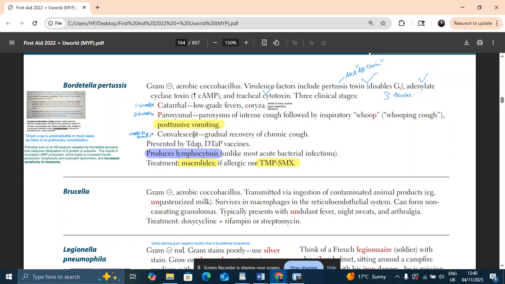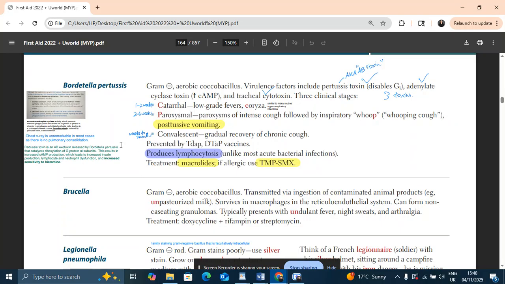How can we prevent Bordetella pertussis? We can prevent it by vaccination, which is Tdap, DTaP. Tdap is tetanus, diphtheria, and acellular pertussis vaccine. DTaP is usually for children, and Tdap is for adults.